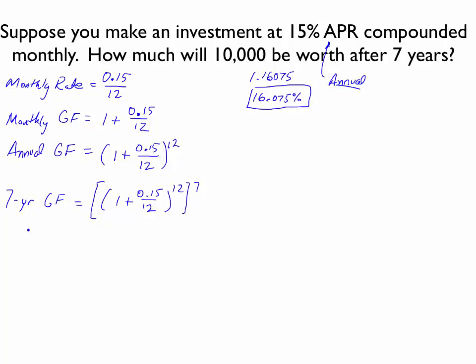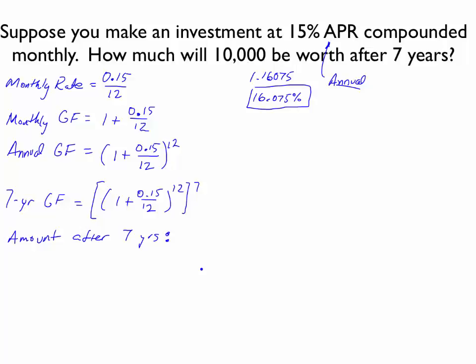So then what's the amount after 7 years? Here we've got the 7-year multiplier. We start with $10,000, and we've got the 7-year growth factor. How much will it be worth after 7 years? What is a 7-year growth factor?